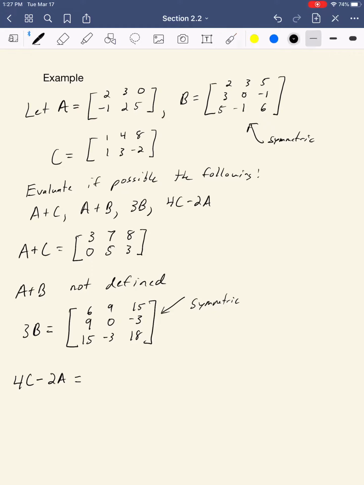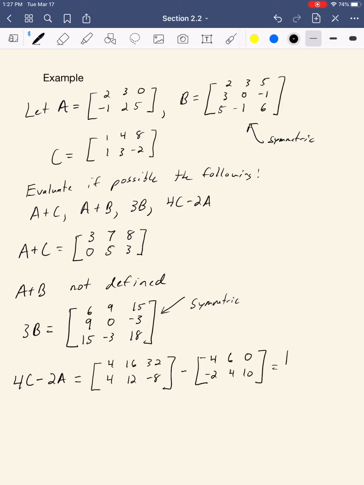Let's go ahead and actually do this operation. 4C is going to be 4, 16, 32, 4, 12, negative 8. And then we're going to be subtracting 2A, which is 4, 6, 0, negative 2, 4, 10.